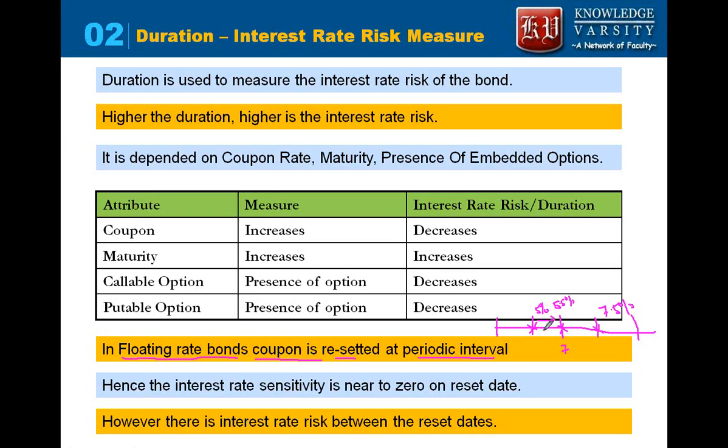Let's say this is for 1 year, and the LIBOR rate can be different for 1 day, 30 days, etc. So in between there is interest rate risk, but not for the entire period, say, if the bond was for 10 years. The interest rate risk is only for 1 year, or the time till reset, and at the reset point there is no interest rate risk. So interest rate sensitivity is 0 on the reset date, but there is some risk between the reset dates.